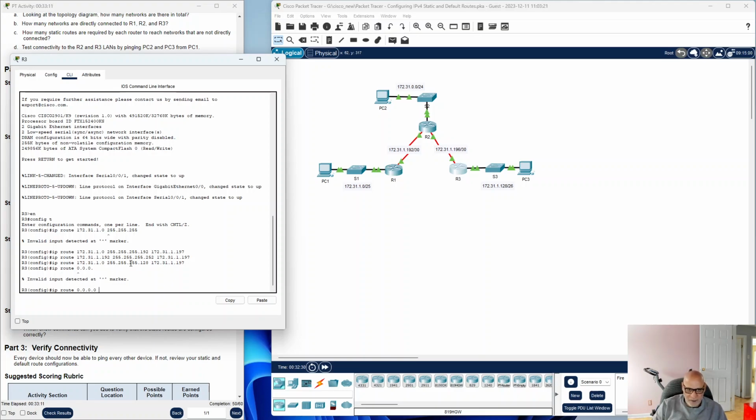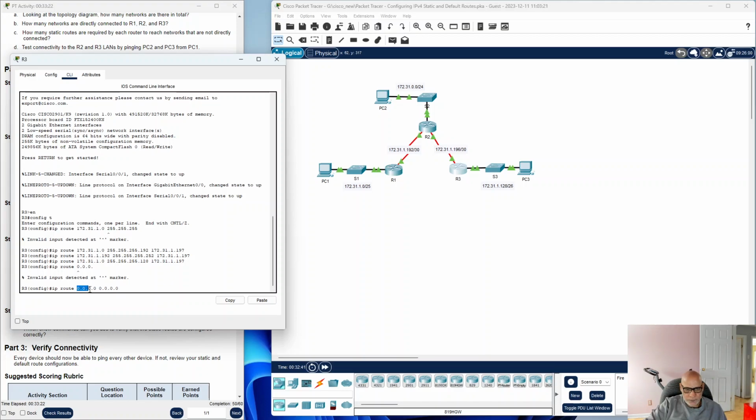Okay, so ip route, four zeros means any network, followed by a space, and then four zeros again. The first four zeros are the network ID like this, and then followed by a space, and the next four zeros represent the subnet mask.